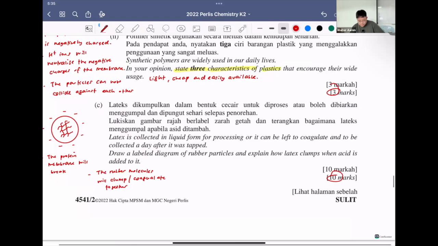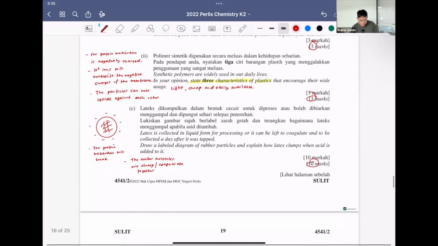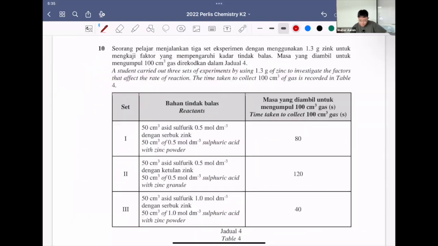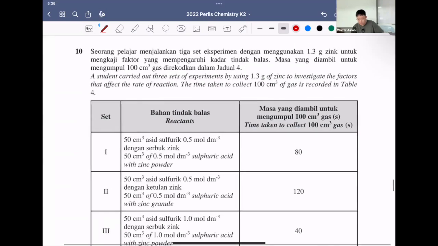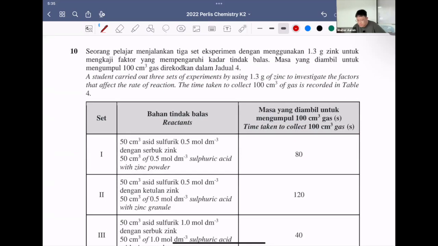All right, let's take a look at the next question. Number 10, a student carried out 3 sets of experiments by using 1.3 grams of zinc to investigate the factors that affect the rate of reaction. The time taken to collect 100 cm³ of gas is recorded.